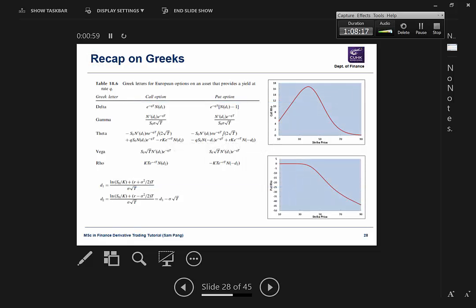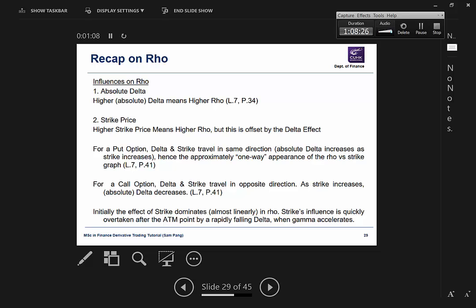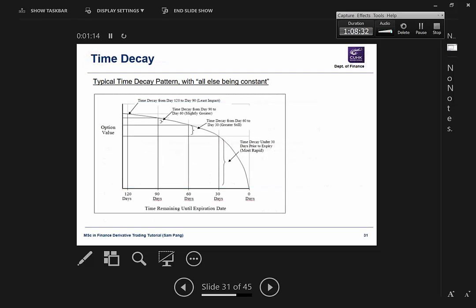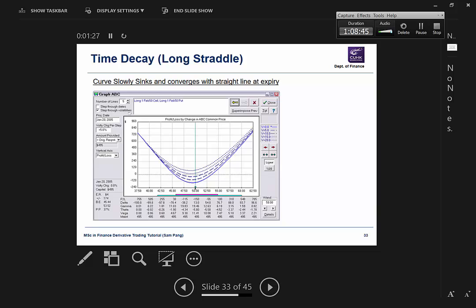I explained why these graphs are the shape they are, and why rho behaves in this manner. And now time decay, now these slides we haven't seen, but it's just showing you how an option price can evolve over time when nothing changes, okay? Likewise for a straddle.